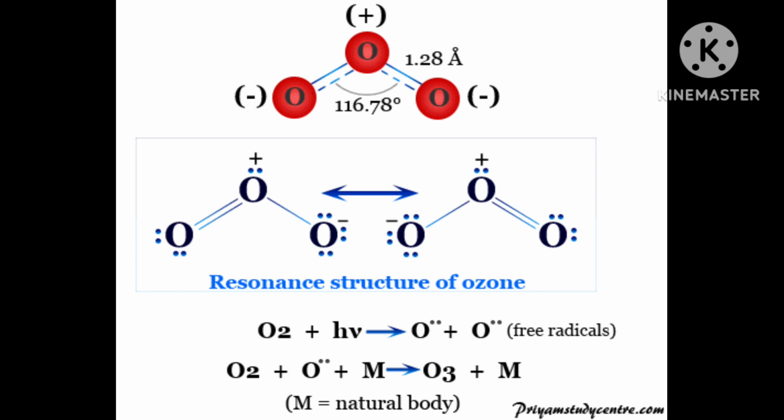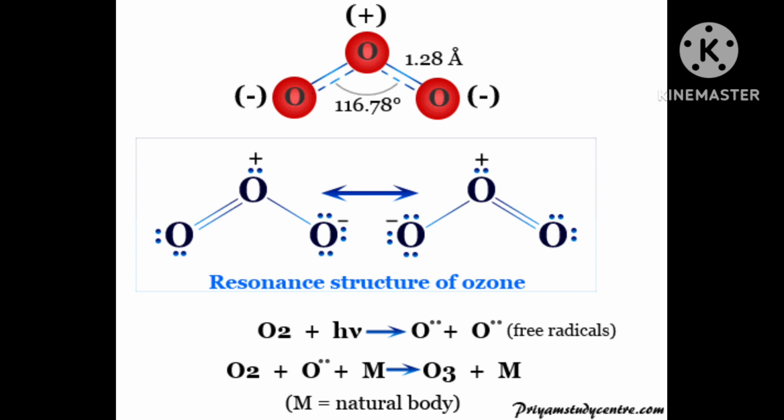Second example: 2I⁻ plus H2O plus O3. Three reactants are there: iodide ion, H2O and O3. It gives three products: 2OH⁻ plus I2 plus O2. Correct? It means it acts as a powerful oxidizing agent.